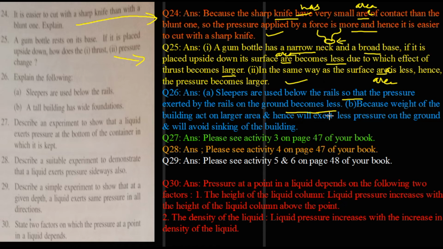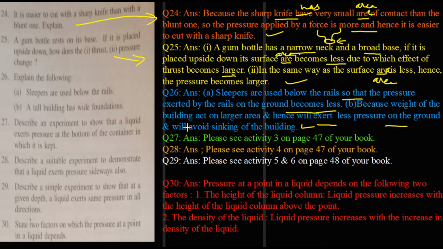Now, a tall building has wide foundations, as explained earlier, because the weight of the building acts on a larger area, and hence it will exert less pressure on the ground, and it will avoid sinking of the building.